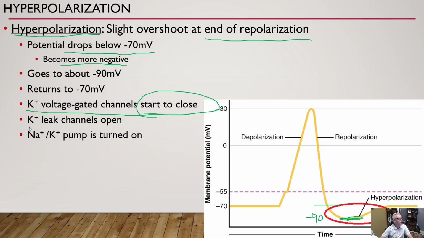So we are going to turn on our potassium leak channels, so we'll say ion-gated leak channels. And then we're going to turn on our sodium-potassium pump, which we'll talk about in the next slide.